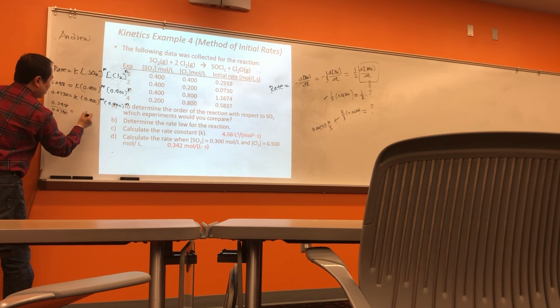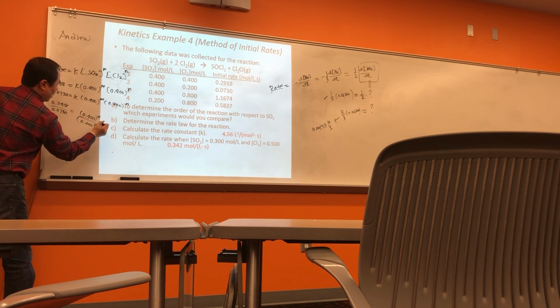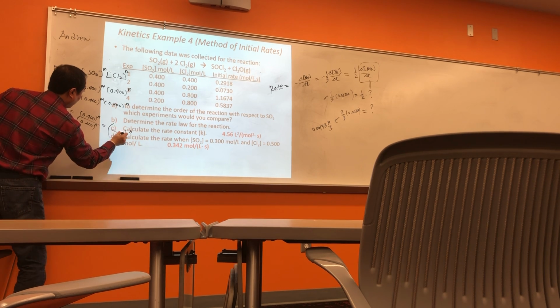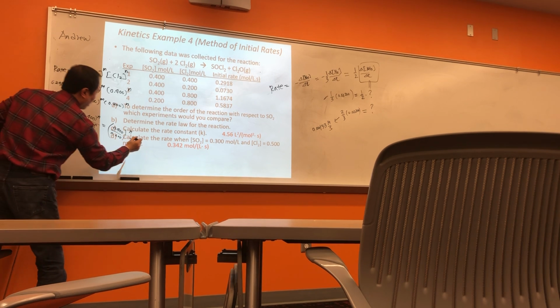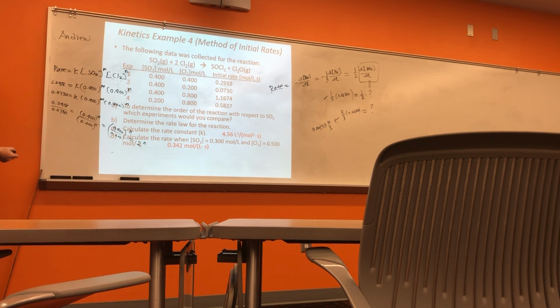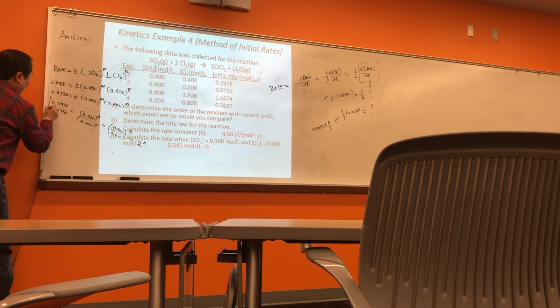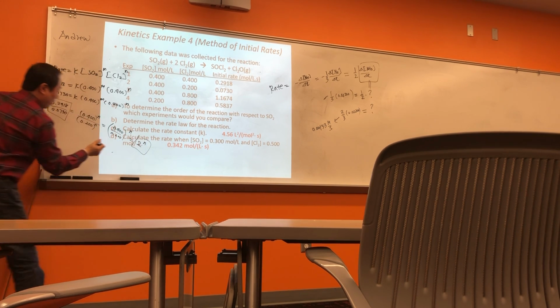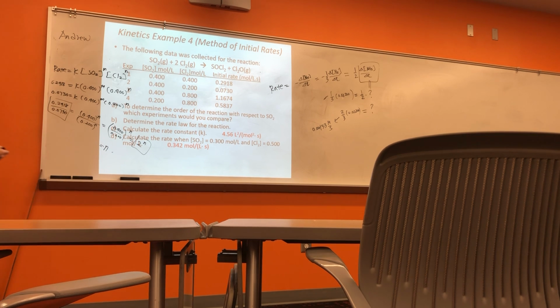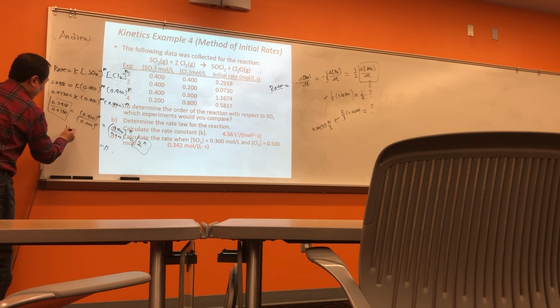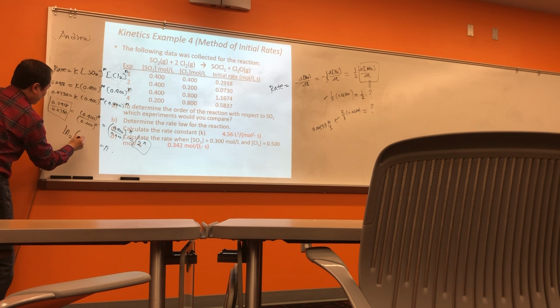So the remaining thing is 0.400 to the n divided by 0.200 to the n. That will give me 0.400 divided by 0.200, which is 2, to the n. So if you look at this, my n is natural log 2 and this number.